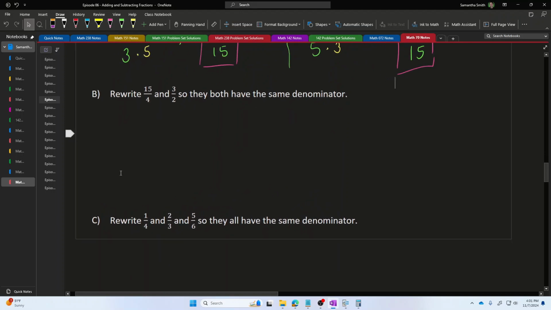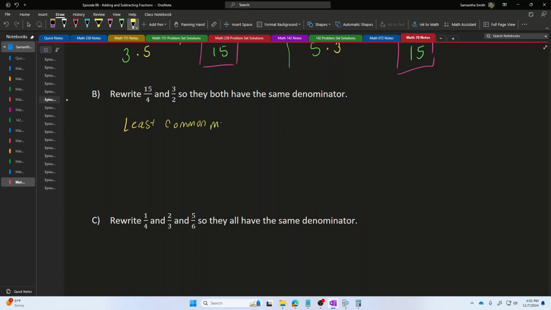Let's do it again with the fractions 15/4 and 3/2. Let's rewrite these fractions so that they have the same denominator. The first thing that I'm going to do is find the least common multiple of the two denominators present in this problem, 4 and 2.